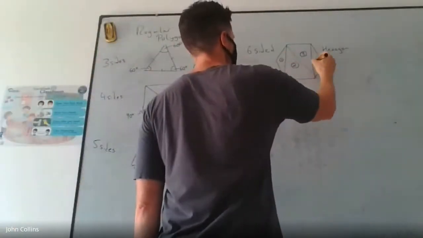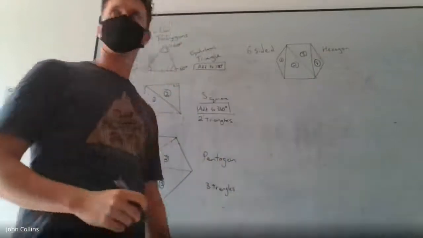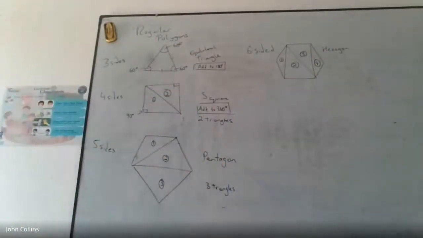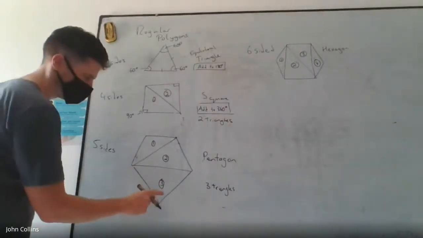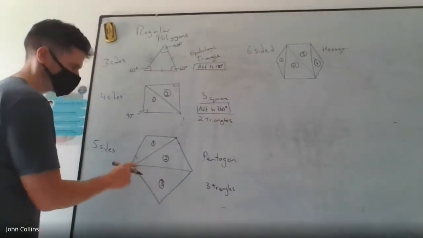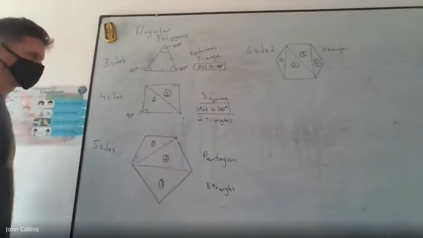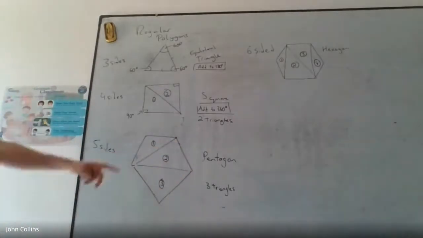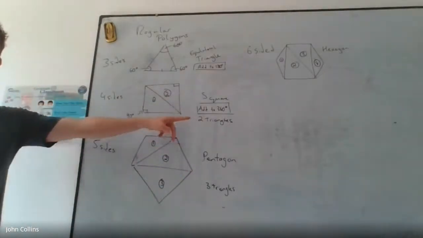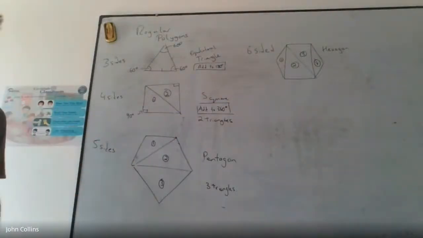What's the significance of this for finding the angle? I want to find these angles on the outside. But we go back to the square. How many degrees in one triangle? 180.